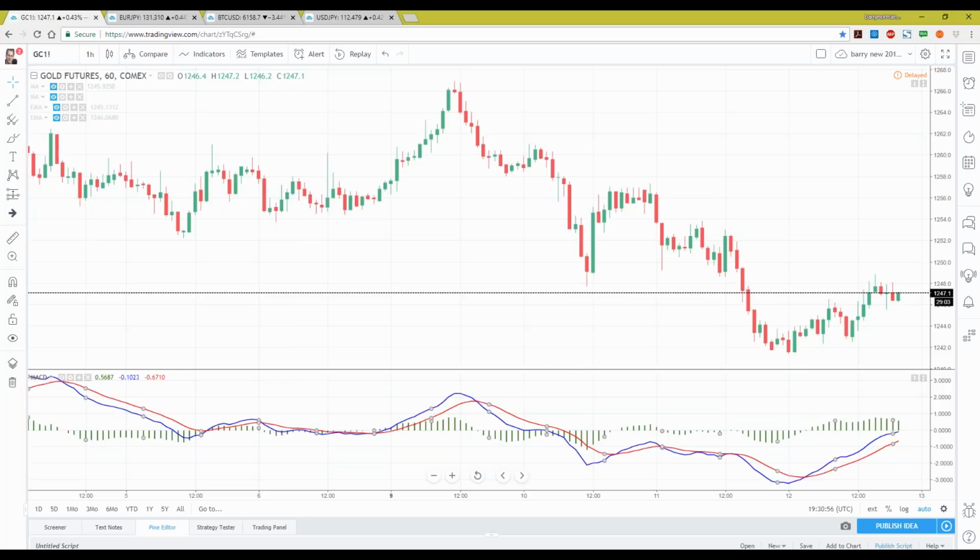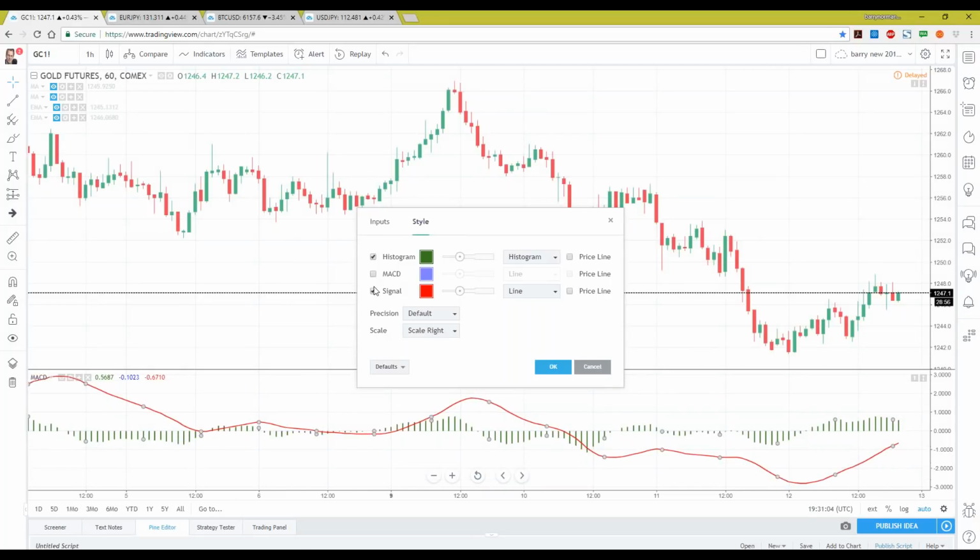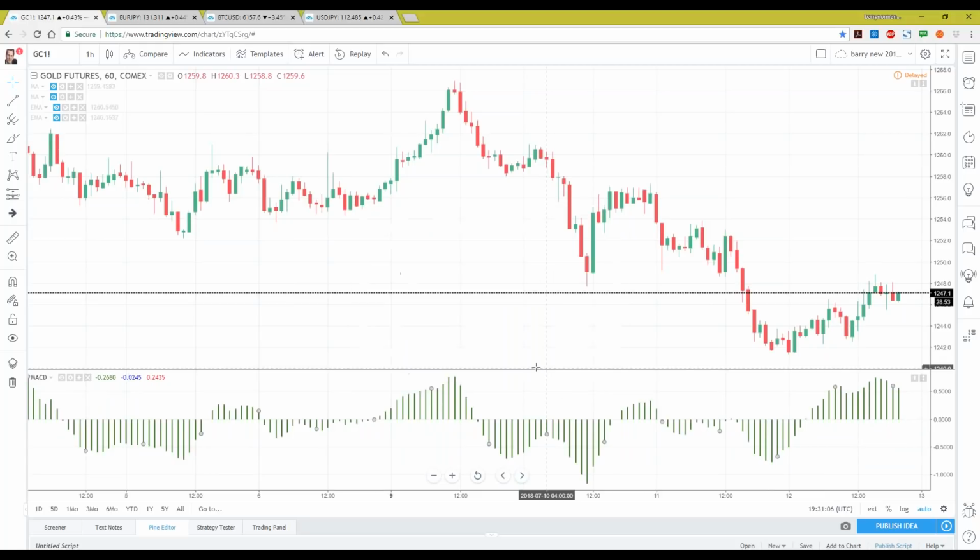So what we have now, and a lot of people, myself included, don't need to look at the MACD or the signal line. You can see everything that you need to see in this histogram. Because in the histogram, your crossover is there, and the width of the separation of the lines.